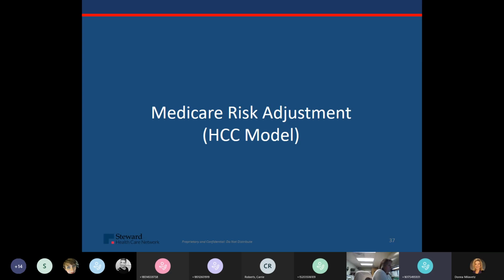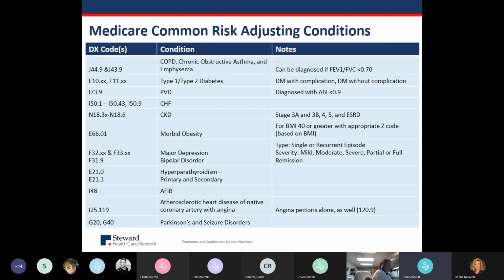So the next slides are examples of chronic conditions that we see within these models. I'm not going to go over every one of them, but these are the most common Medicare risk adjusting conditions that we see.